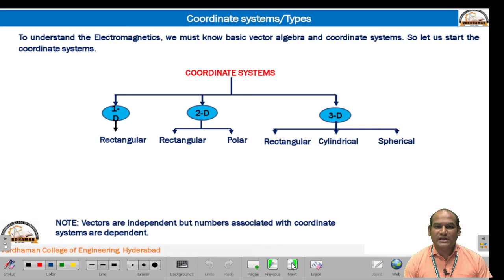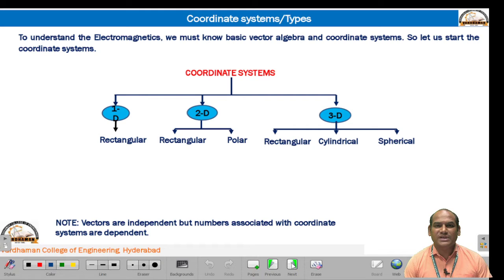Okay. In this particular lecture, as I said earlier, we are going to see about the coordinate systems. Basically, coordinate systems are for the representation of positions in space, on a plane, or on a line.